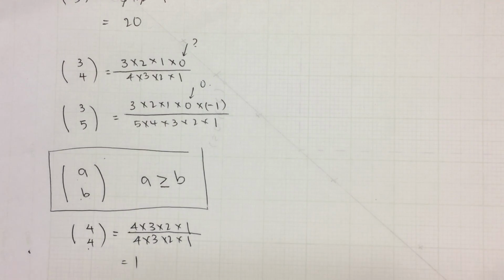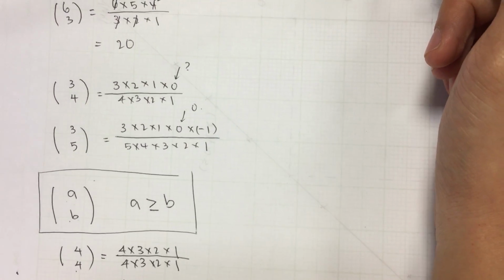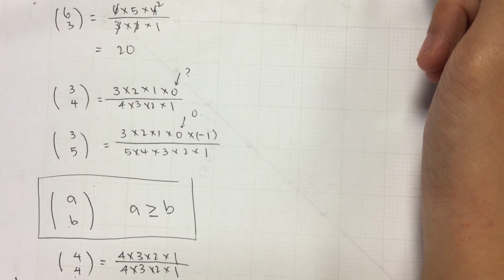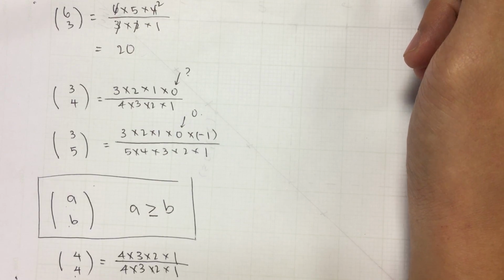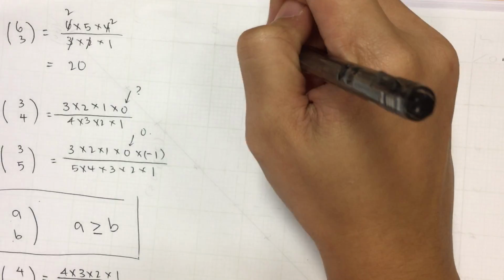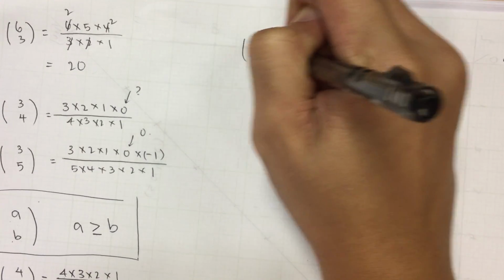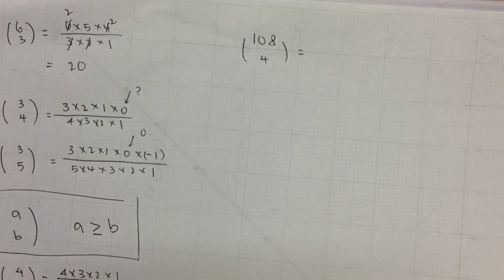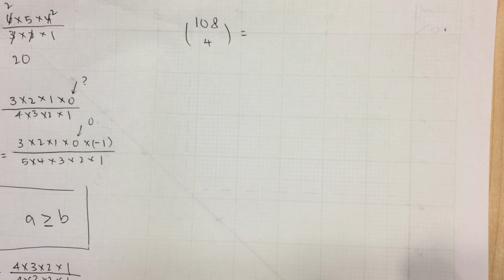Knowing that, let's move on. If you need some time to copy this down, please pause the video if necessary. Let's write down this thing. Let's play with bigger numbers now. I'll give you about 10 counts to write this down yourself.